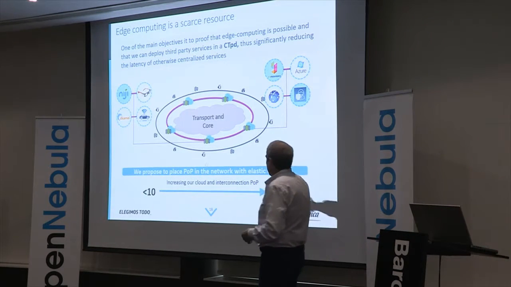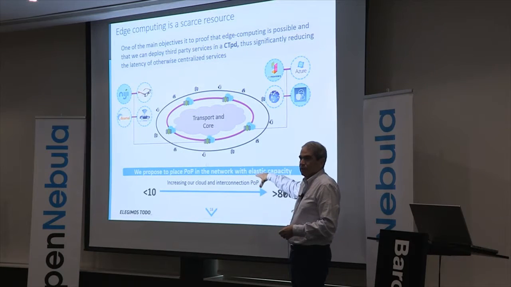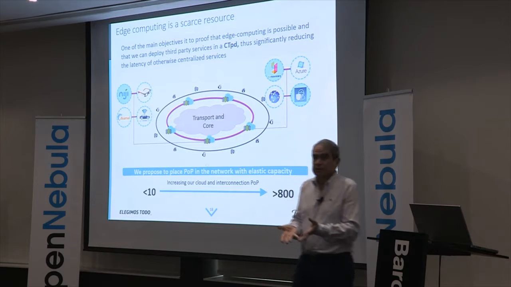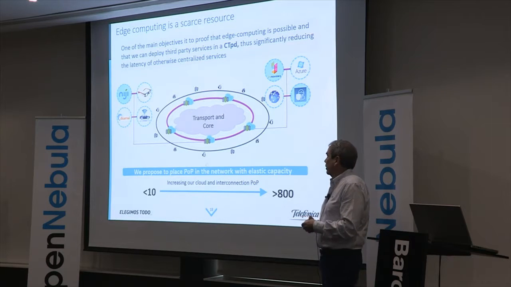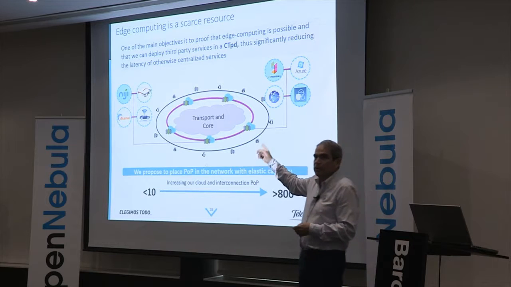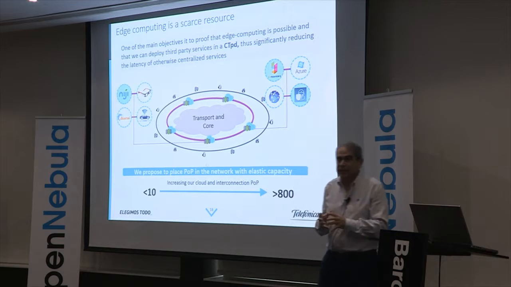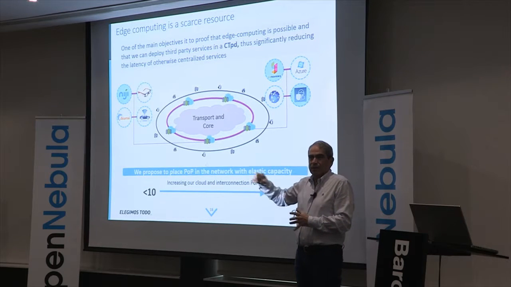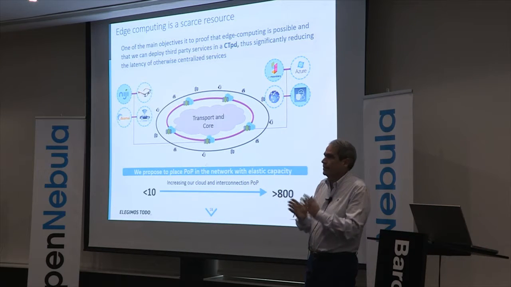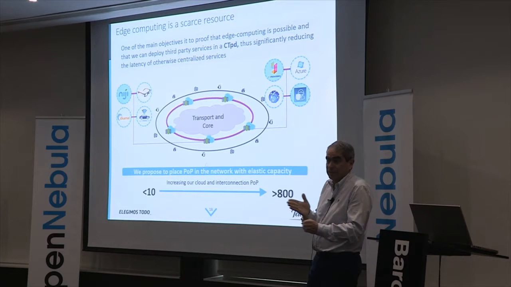So if we put commodity hardware with OpenNebula, with any cloud solution, then we're able to provide somebody a capability of being very close to the end users when they want to do gaming or watching TV or do some virtual reality, which is a problem right now to really have virtual reality if you have your data center hundreds of kilometers away. The furthest distance between an end user and our services will be 20 kilometers at most.